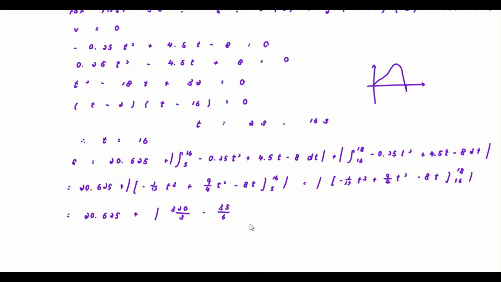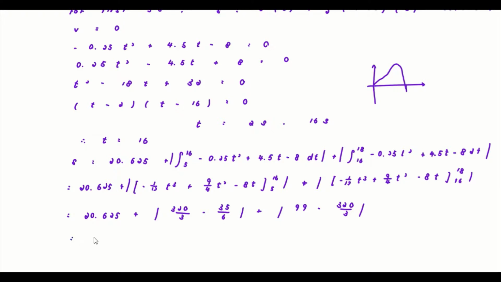Please make sure that if your answer can be written as a fraction, always write it as a fraction, because that gives you a much more accurate number. Then plus, the same thing, after you substitute 18 and 16, you should get 99 minus 320 over 3. This number should be the same, because this is substituting 16 and this is substituting 16 as well.